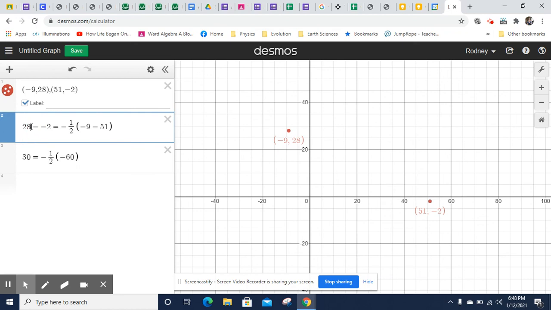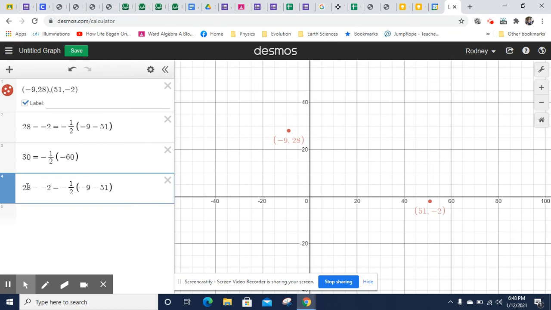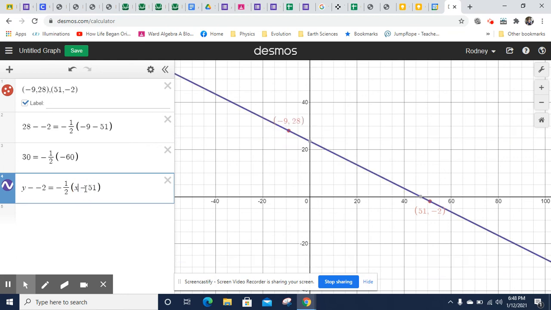So if I replace 28 with y, and I replace negative 9 with x, now I've generalized for any xy point that is on this line.